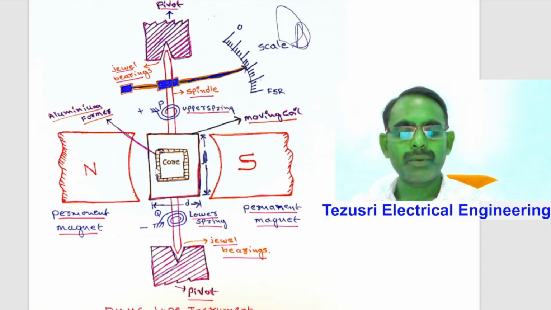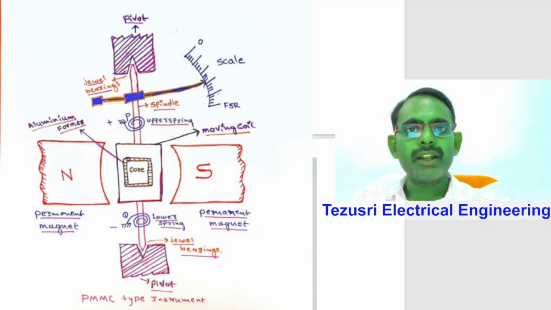To accommodate these turns, the air gap between the magnet and the moving coil also increases. The movement of the coil is restricted in large scale length PMMC instruments because the air gap length increases, so the flux density near the pole tips is smaller than at the center, and the actual field is not radial. Therefore, the angular span of the scale is restricted to 90 degrees only.